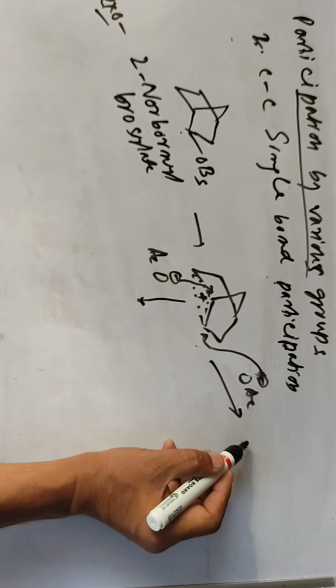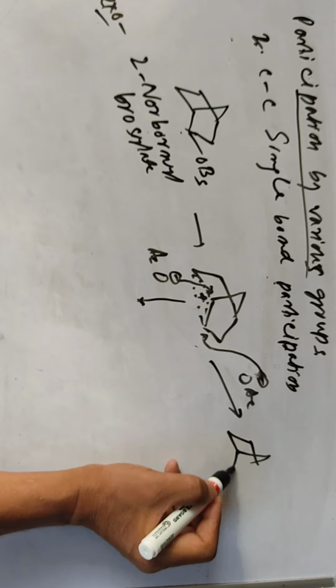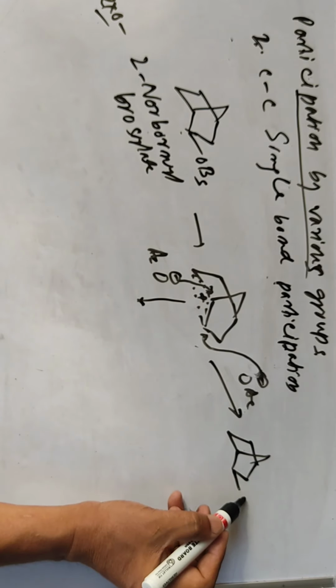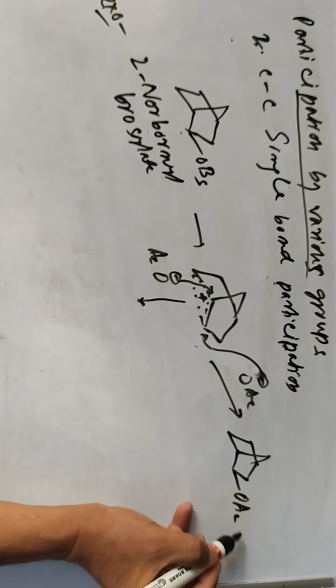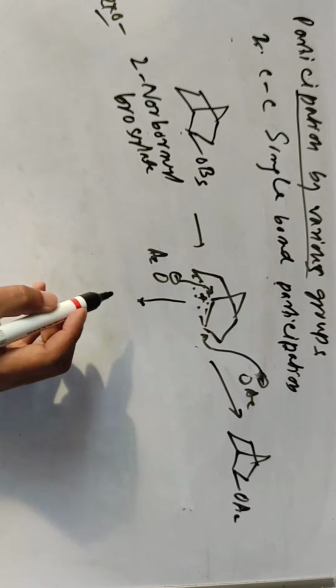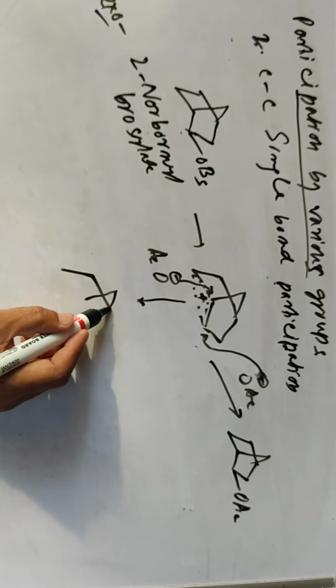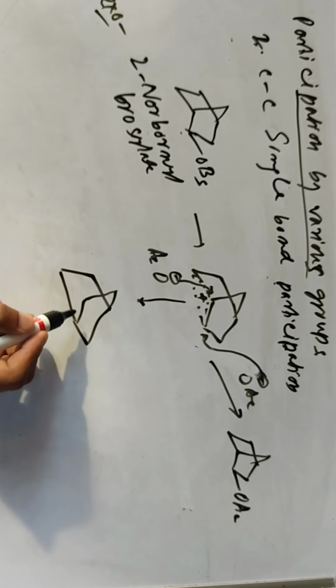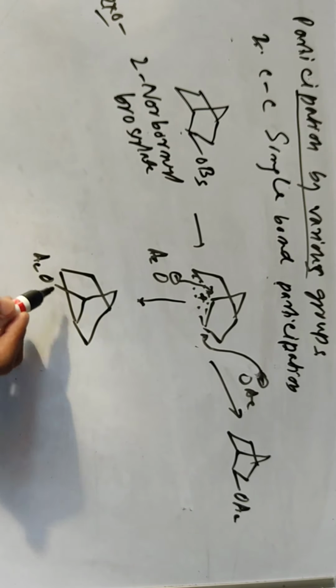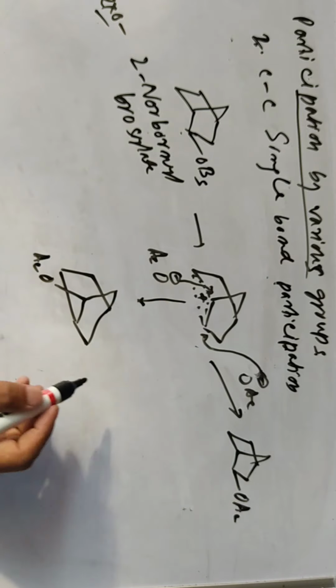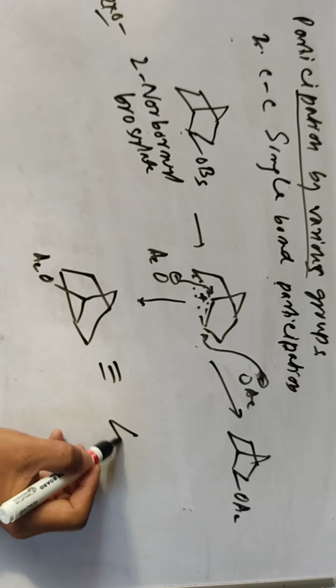If you take from here, you get this product, that is exo acetate. If we take this one from here, then we can have this one. The OAc attacks from this side where the positive charge is, which is equivalent to this side.